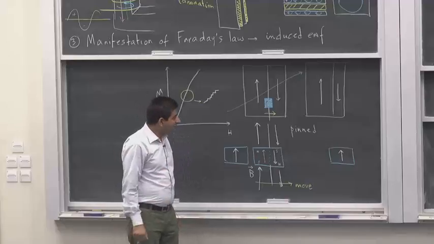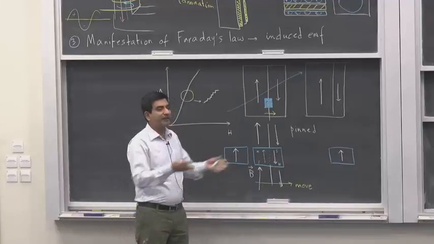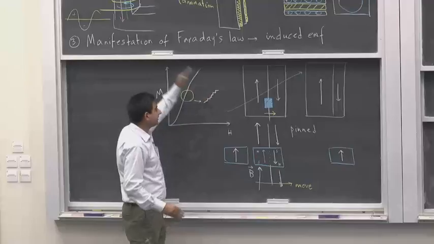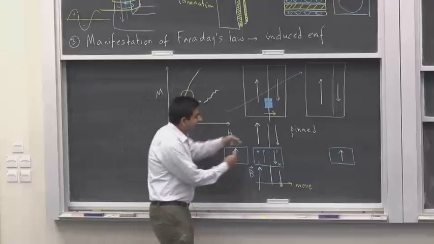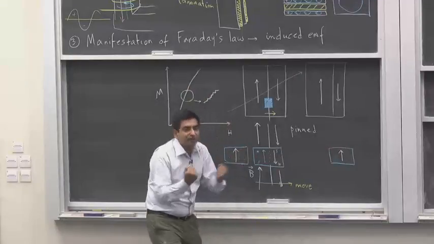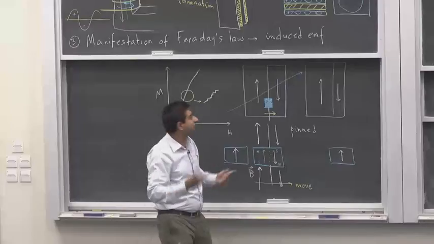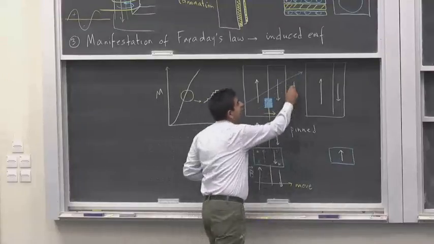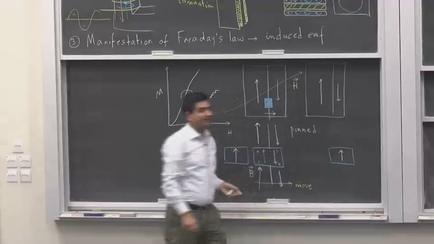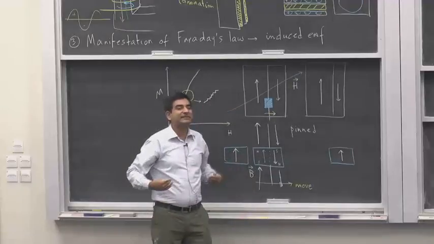So what's going to happen is that even though you're increasing the H field, the magnetization is not going up, because this domain wall is locked. But it cannot hold on. The effect of the external applied H is so large that finally this domain wall snaps.